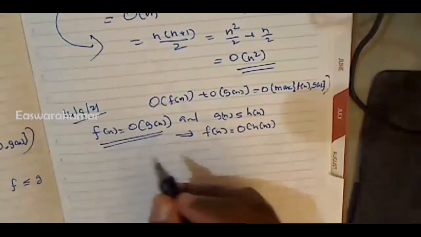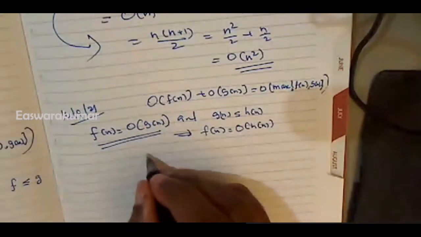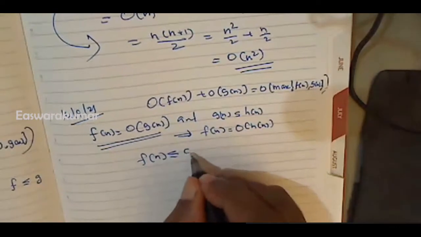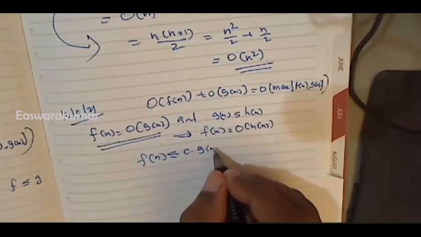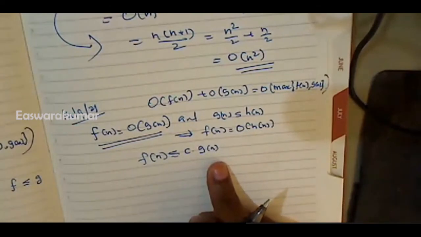When you say f of n is equal to order of g of n, what can you say? You can say f of n is less than or equal to some constant multiple of g of n. Remember, this is only for derivation purposes, but don't assume this itself is the definition, because the definition we have already seen has many other things.